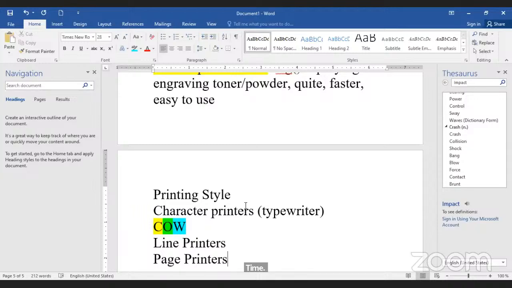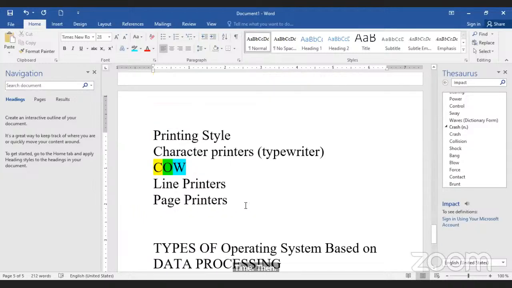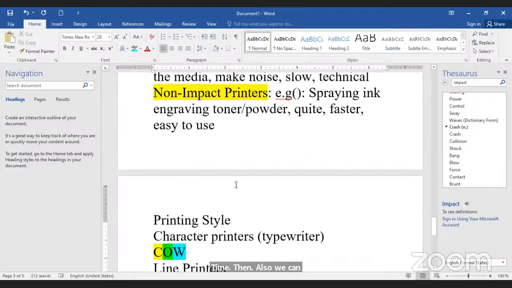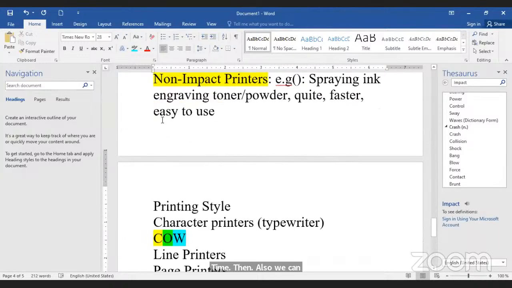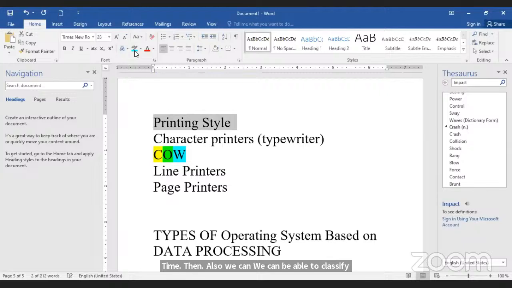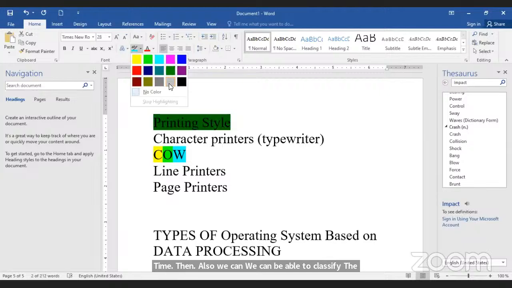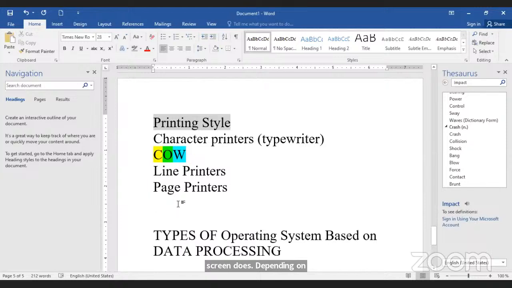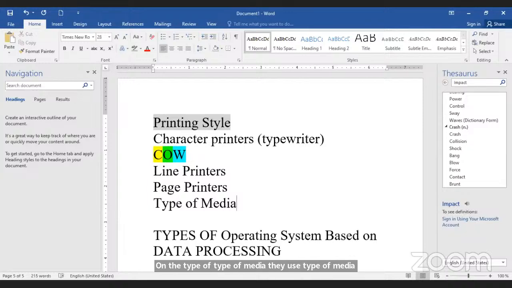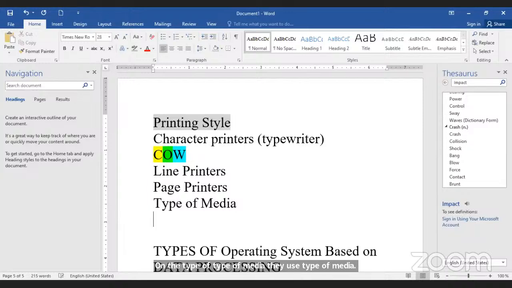Then also we can classify printers depending on the type of media they use. So we have some printers that are paper fed. Paper fed.